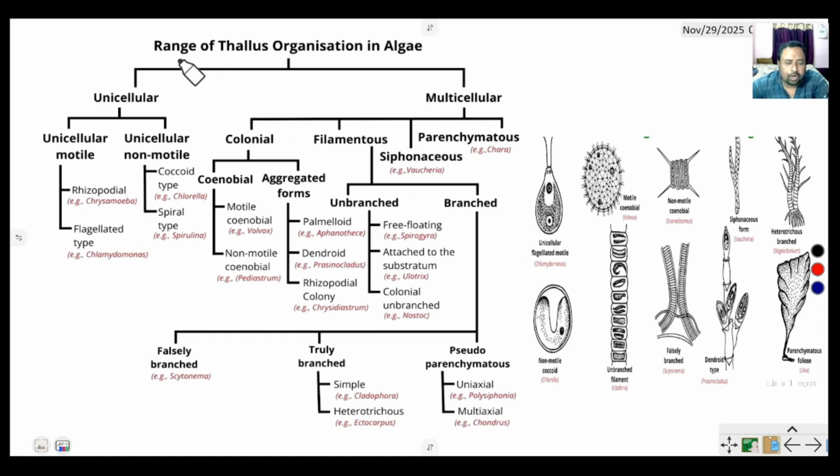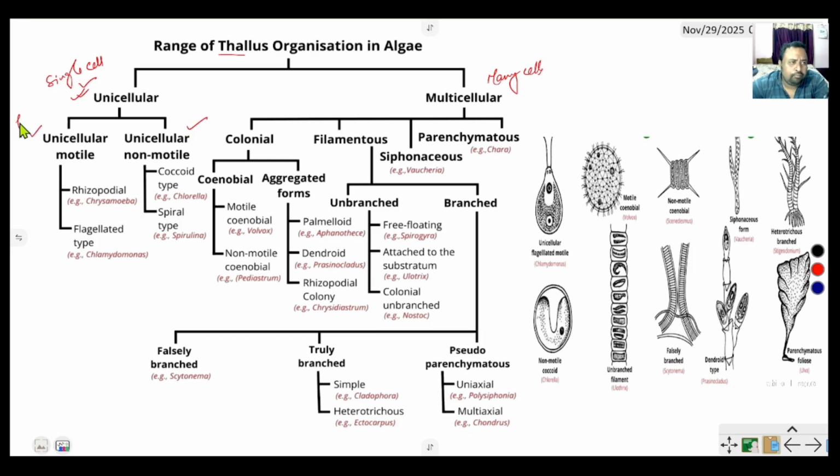So let's explain all the types in detail. First, how many types of thallus are found in algae? Algal thallus is divided into two types: unicellular, that is a single cell containing thallus, and multicellular, containing many cells. Unicellular algae are again divided into unicellular motile and unicellular non-motile.